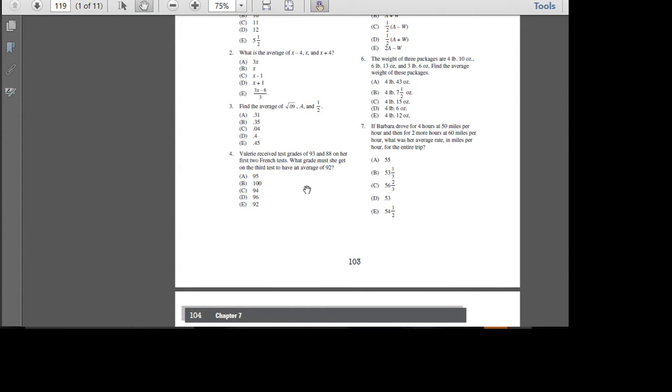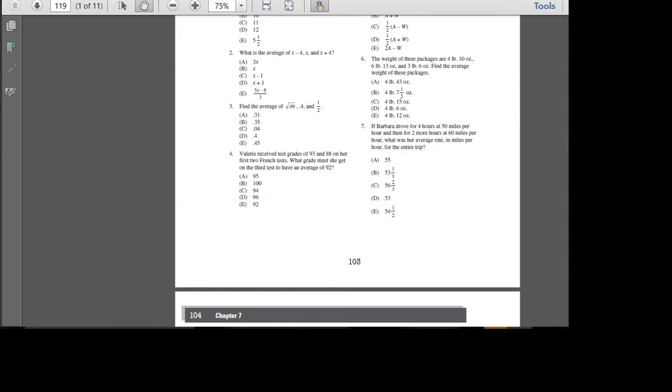On these tests, I've had a question similar to that, and honest to God, what I would do is take every option and figure out which one it is by adding them up and dividing until I get the 92. Well, let me give you an easier way to do that. Because you're going to school, depending on how well you're doing, you need to know what you need on the next test in order to bring your grade up or keep it where it is. This is actually something you can use in real life.